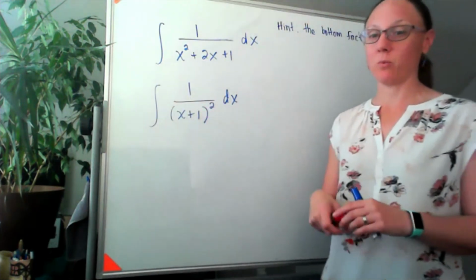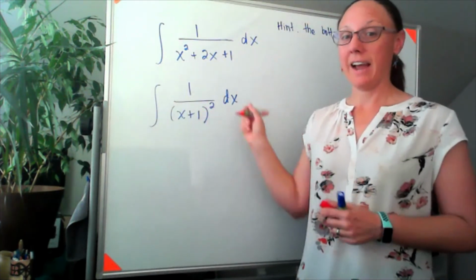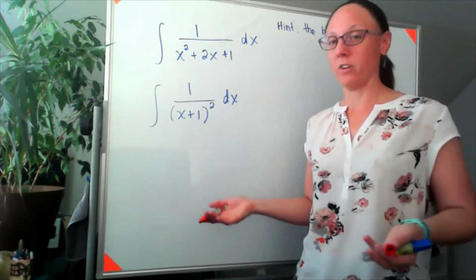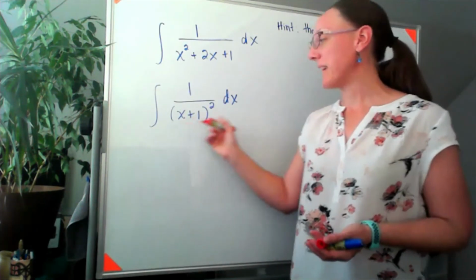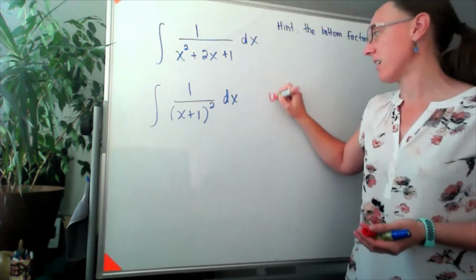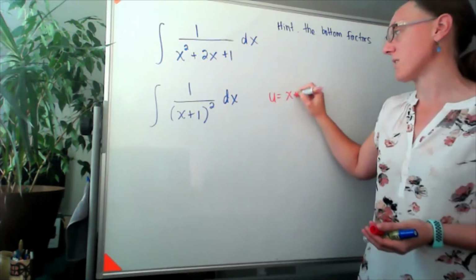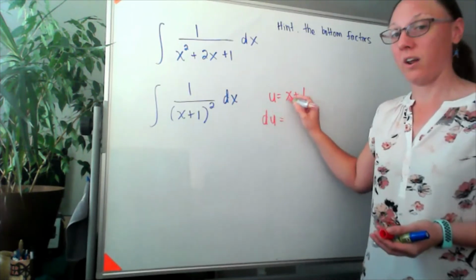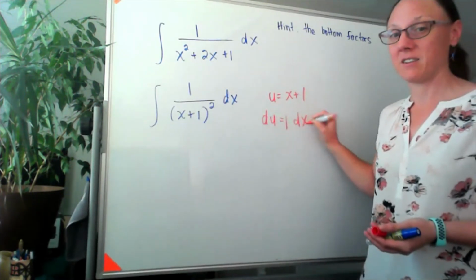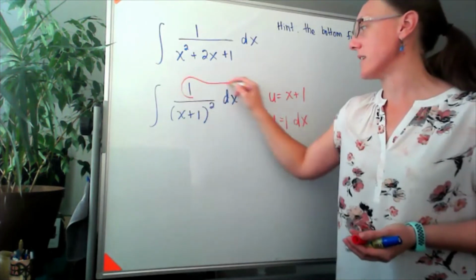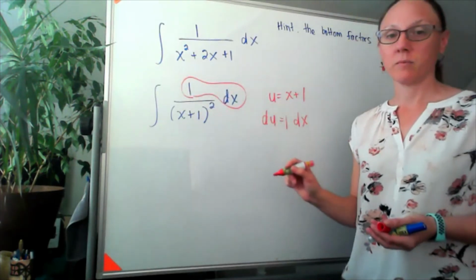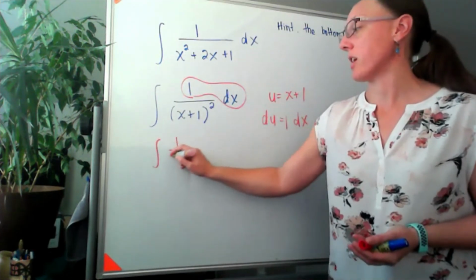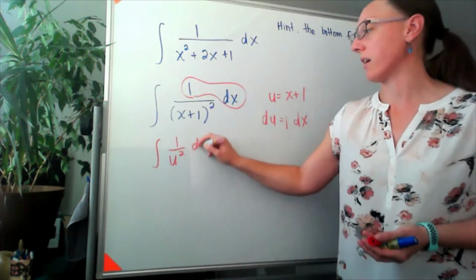Here, if I were going to write out the u substitution, I'd be asking myself, hey, does the derivative of one part equal another part? And the piece whose derivative is in there, if I make u x plus 1, then du is 1 dx. And I have the 1 dx, which means we can rewrite this in terms of a u substitution as 1 over u squared du.